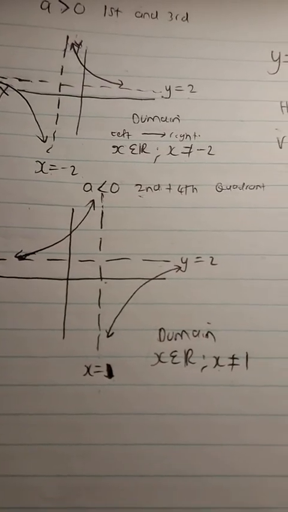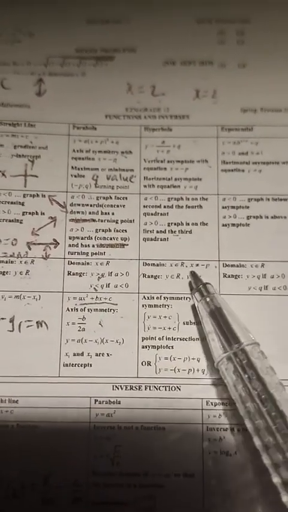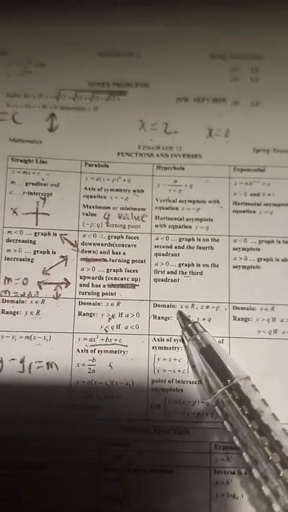Okay, let's move on to the next thing, the range. When we are writing down the range of a hyperbola, we say y is an element of R. Y cannot be Q. So in other words, the function for the y value is possible everywhere from the bottom to the top.